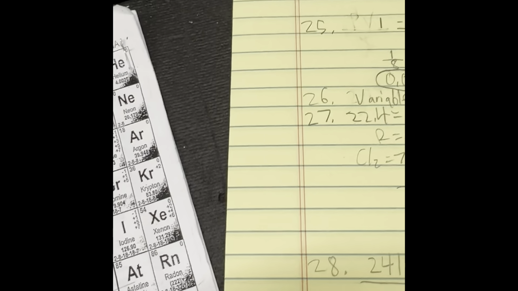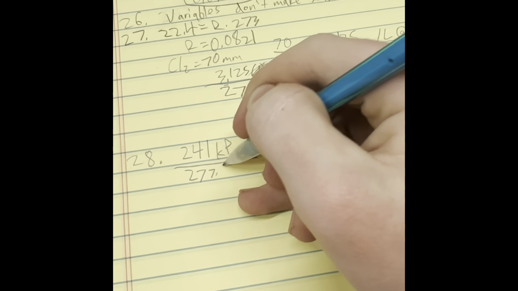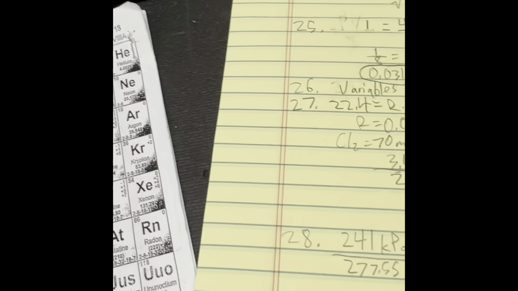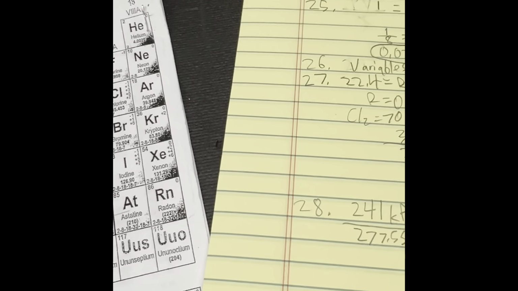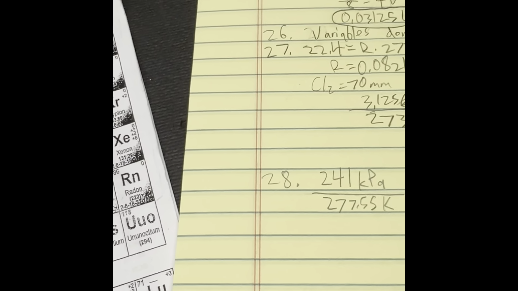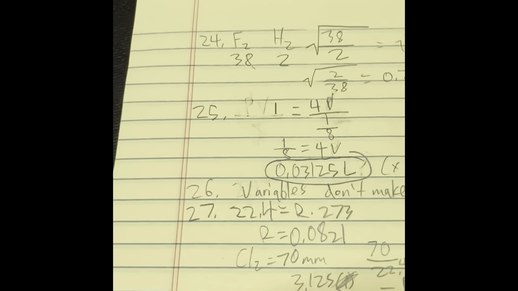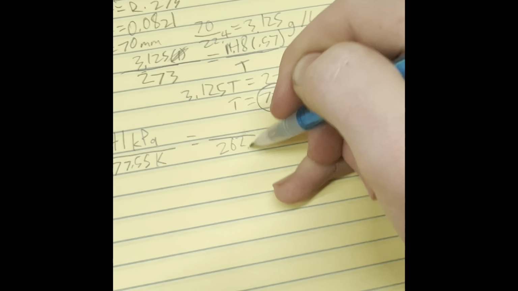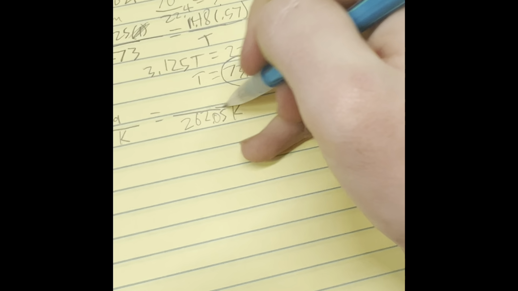So 4.4 Celsius would be 277.55 kelvins. And then I think it was negative 12. No, negative 11.1. Negative 11.1 degrees Celsius would be 262.05 kelvins.